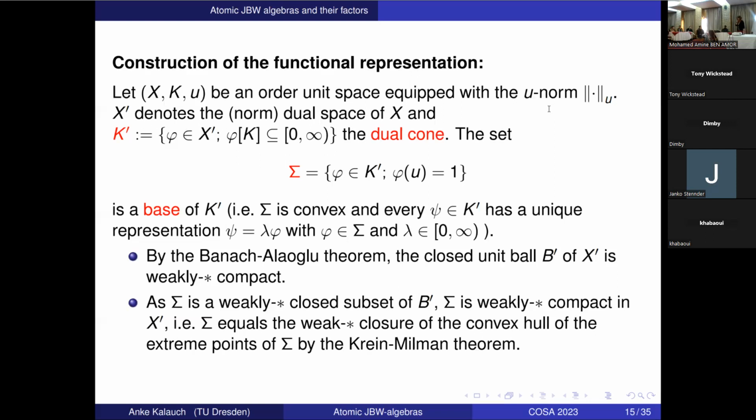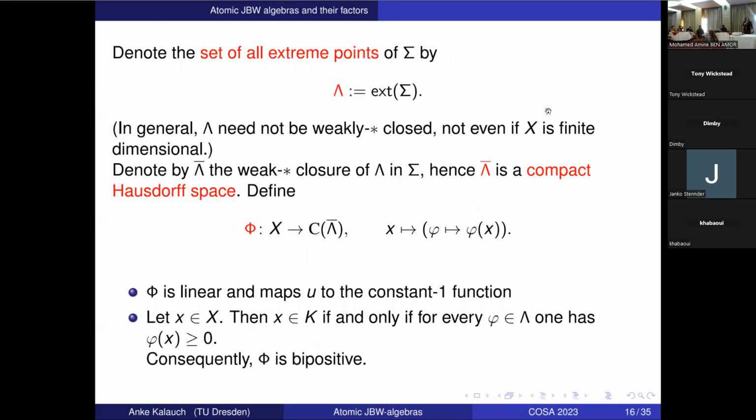And this base has nice properties. It's weakly star compact. So you can go to the extreme points by the Krein-Milman theorem. Let's call the extreme points lambda. So instead of all of sigma, it is the set of extreme points, this lambda. So this is then only the sphere left for the circular cone. Yeah. This lambda is in general not weakly star closed.